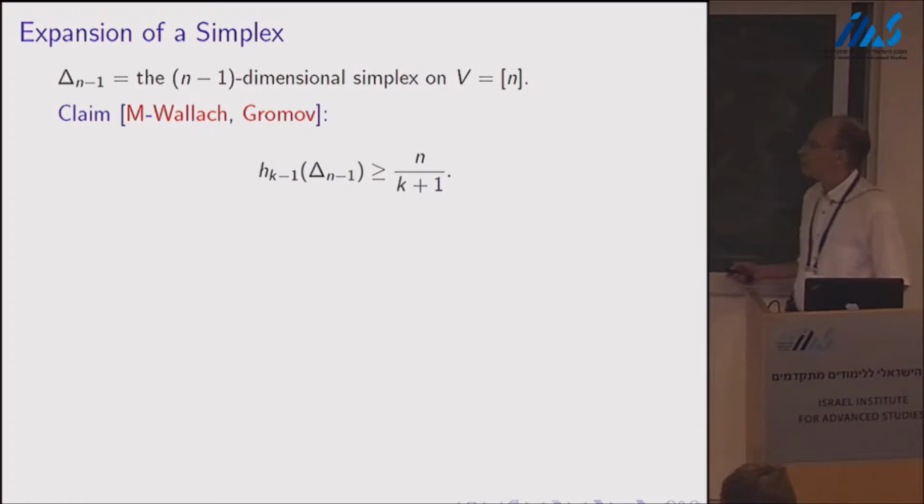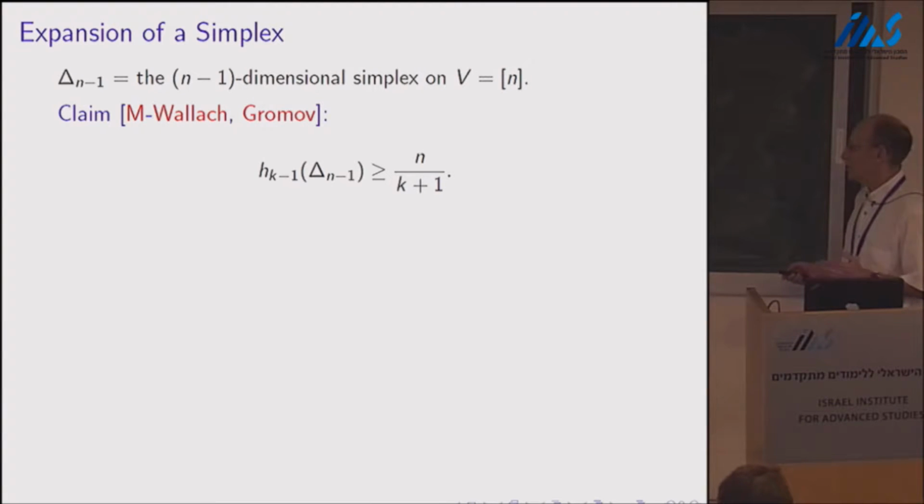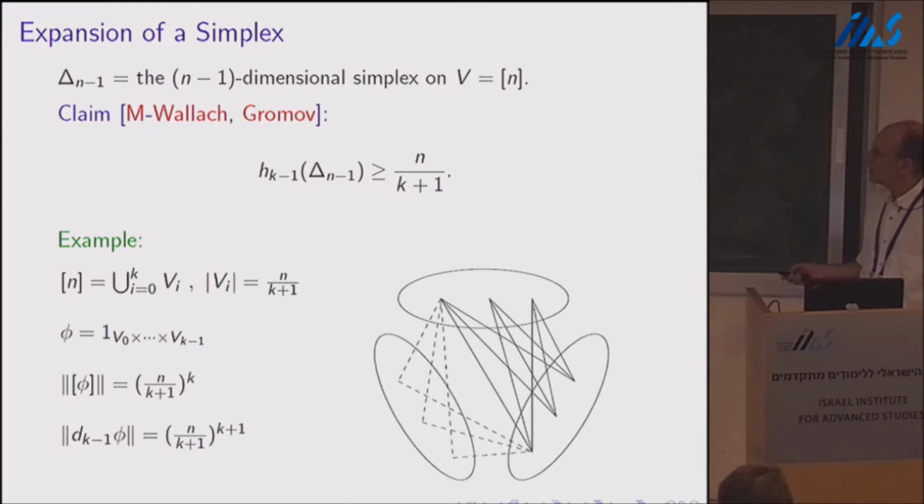H^(k-1) of Δ^(n-1) is at least n over k+1. This is the analog of the statement that if you take a complete graph, then these are the ultimate expanders. Of course, it has other drawbacks, but as an expander, it's very good.